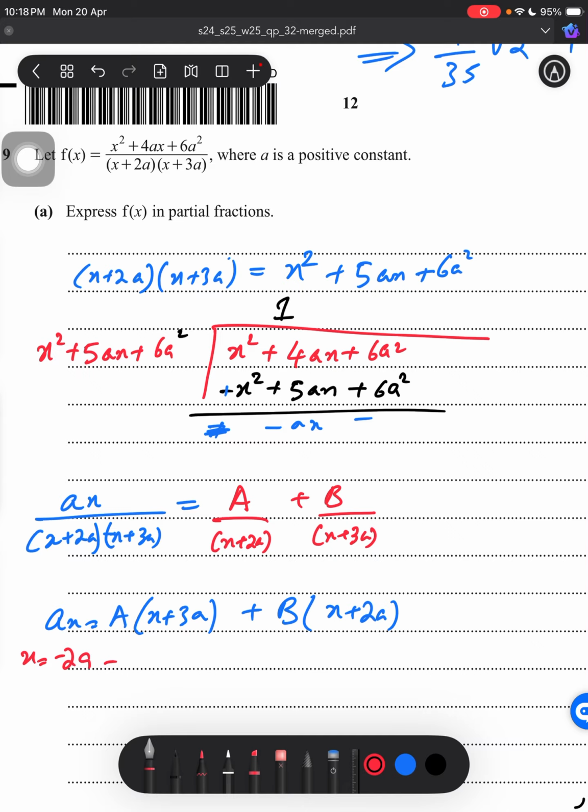we would get minus 2a. The value for A would be just minus 2a plus 3a.